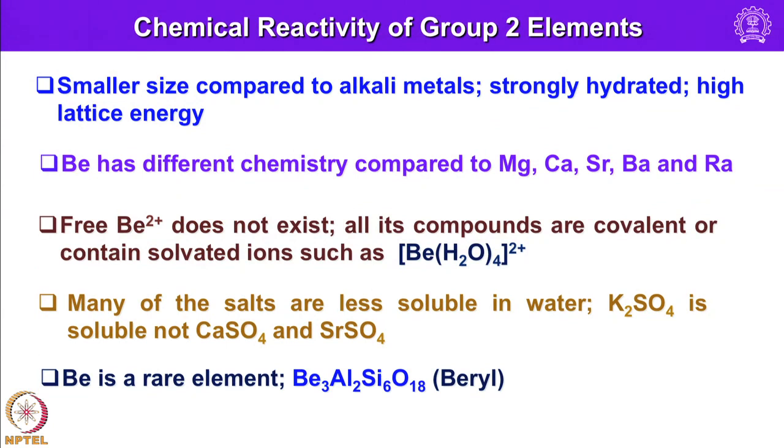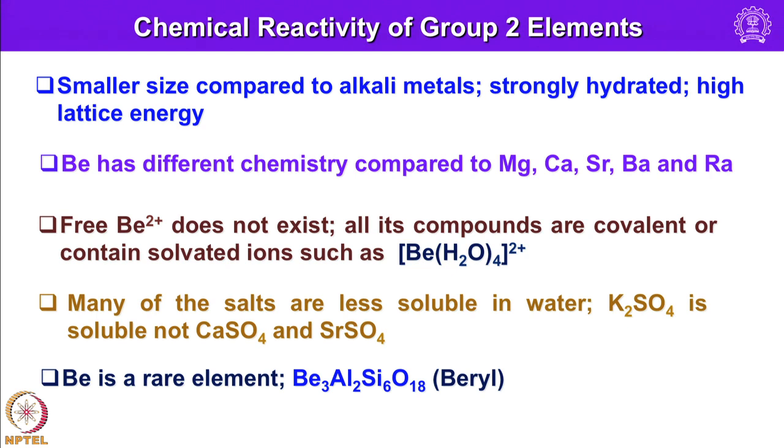So, let us now continue with the chemical reactivity of group 2 elements. We should remember alkaline earth metals have smaller size compared to alkali metals, and they are strongly hydrated, and they have high lattice energy compared to group 1 elements. And in fact, beryllium has a different chemistry compared to its heavier congeners.